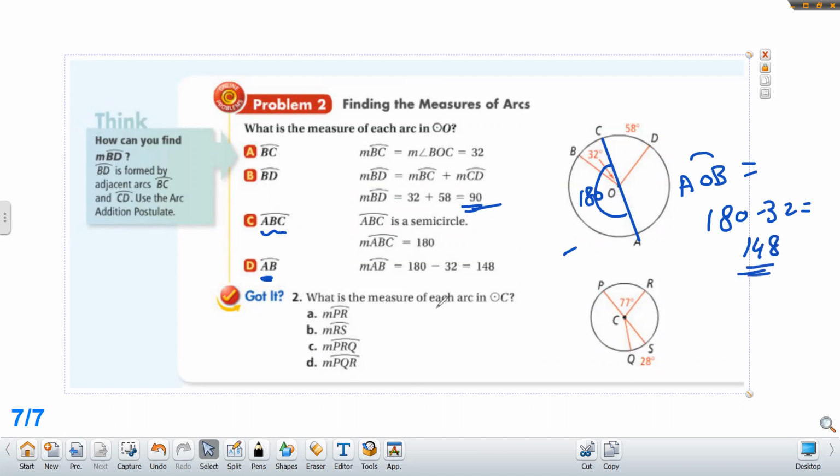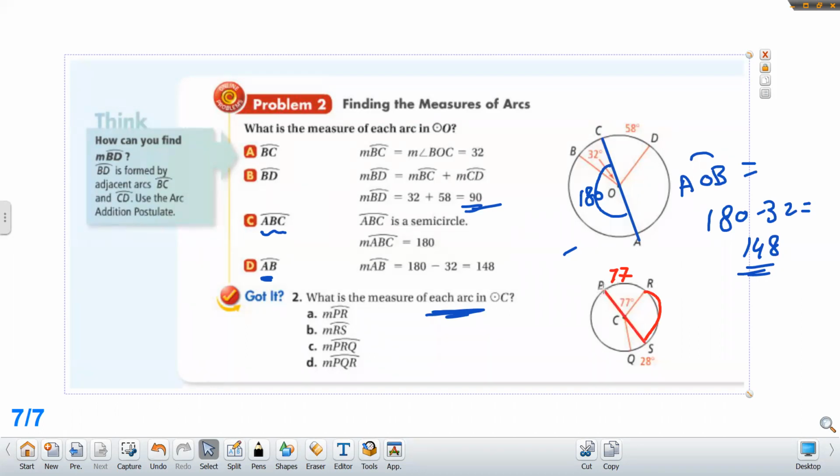Look at the next, which is: what is the measure of each arc here? This is the circle with center C. Here he asks me the measure of BR. We know BR is a central arc, the arc opposite to the central angle 77, so it is also 77. The other one is the measure of RS. We have to look for the semicircle here.